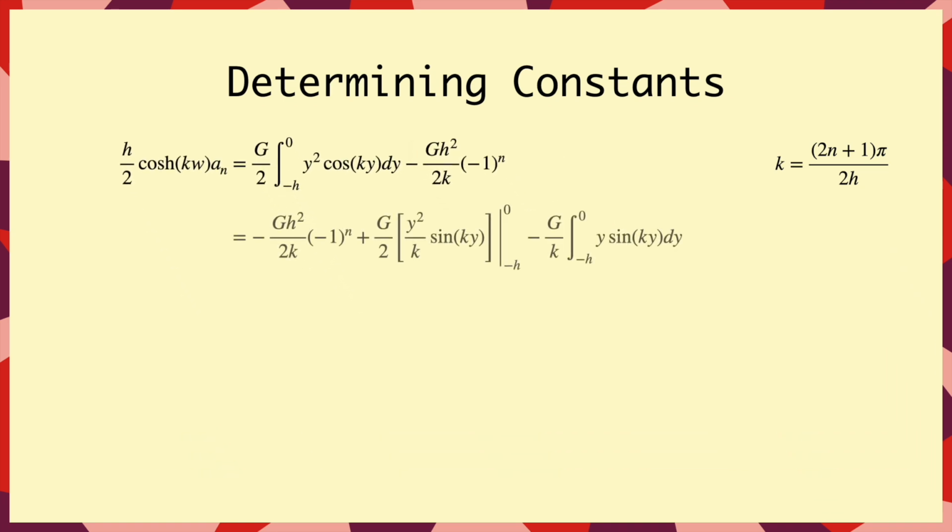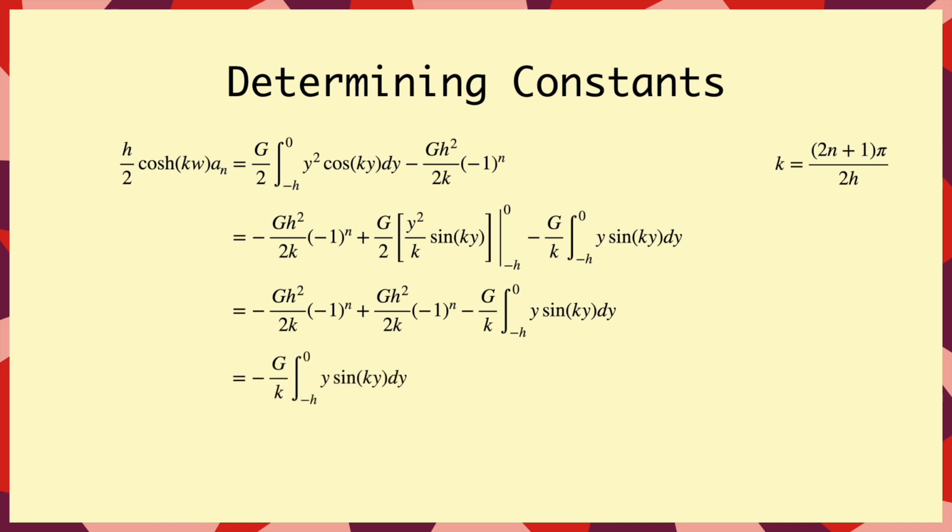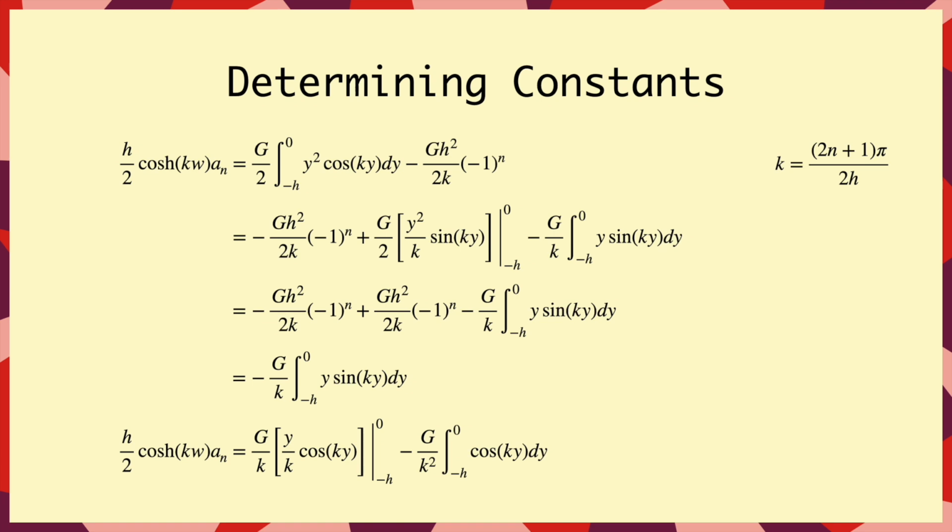And when we do that, we get another -1 to the n term that very nicely cancels out the first one, leaving us just with this integral of y times sine ky. Using integration by parts one final time, that y cos ky term is 0 at both limits, so we can ignore that.